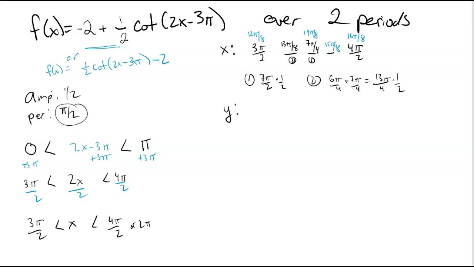So cotangent, remember, starts high at infinity and then goes low to negative infinity. First thing I'm going to do is multiply everything by 1/2. So again, nothing changes at the ends. I get 1/2, I get 0, I get -1/2. So it just looks like my graph's been squished, or vertically shrunk. And then I'm going to subtract 2.